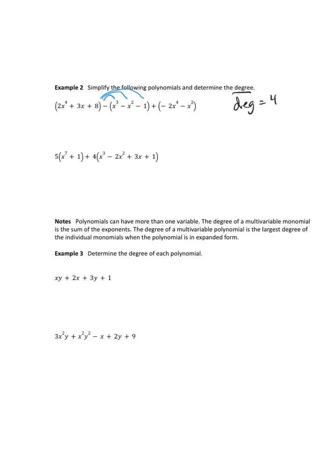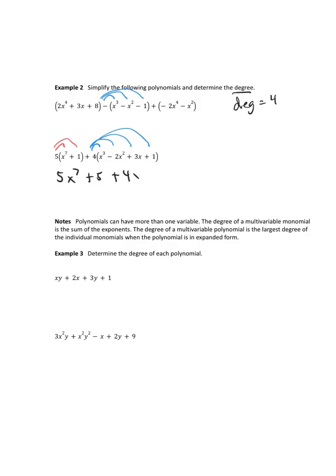I'm going to do the next one here, though, because this one has some numbers. So the 5 gets distributed. So that's 5x to the 7th plus 5. Then the 4 gets distributed to all of those terms.